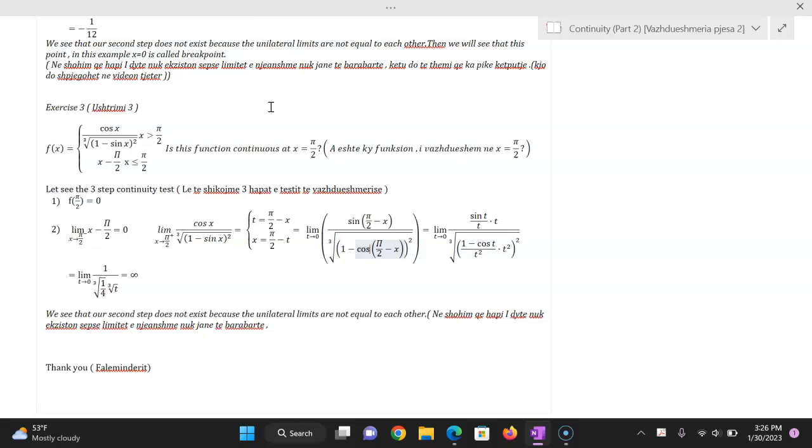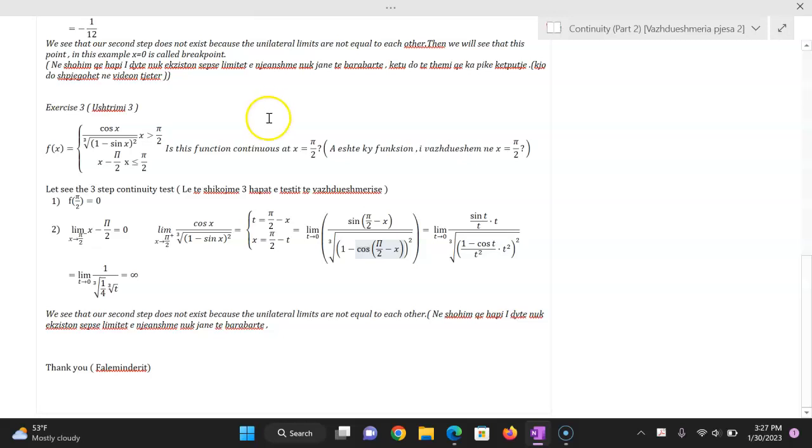The second is to see the left and right limit. We have the limit when x approaches pi over 2 from the left of x minus pi over 2, that is equal to 0. And the next limit is the limit when x approaches pi over 2 from the right of the cosine of x over the cube root of 1 minus sine x, all squared. Here we need to do the substitution with t, right? t is equal to pi over 2 minus x, so x is equal to pi over 2 minus t.